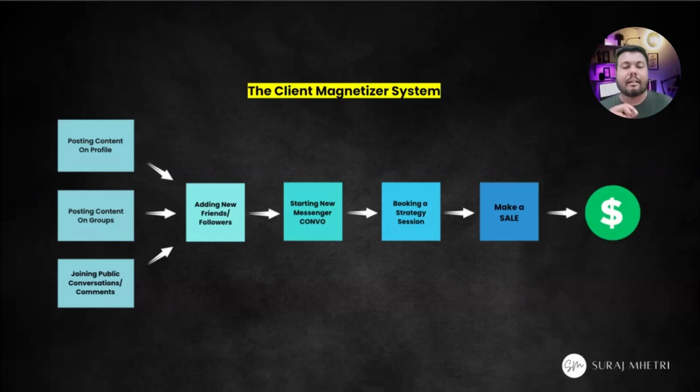Then turning those private conversations into strategy sessions or sales calls. After the Messenger conversation step, you have the option to move them to your strategy session or a sales call or towards your workshop or challenges. That is a different part that we are going to see afterwards. The last is making the sale and collecting the benefit. So this is a simple process.